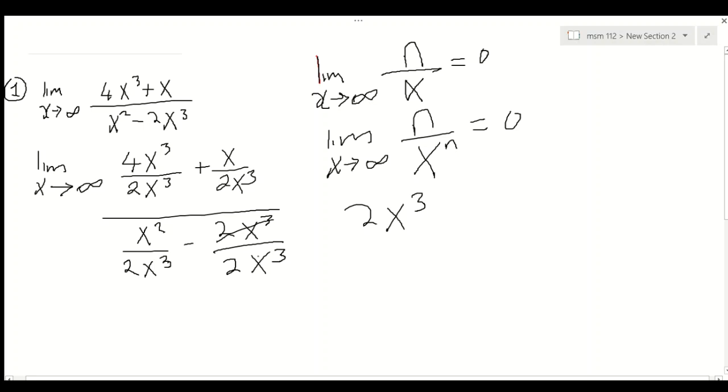This and this will cancel, giving us 1, here remains x squared, and this will give us a 2.